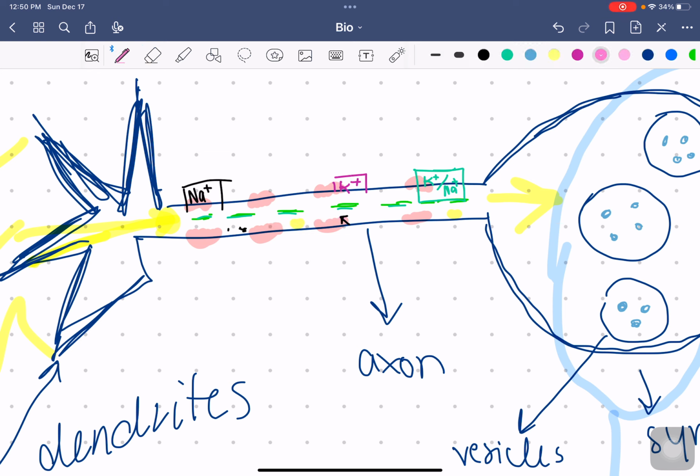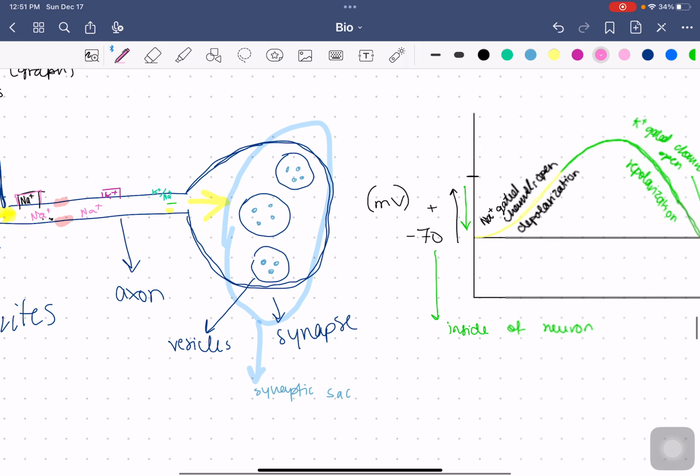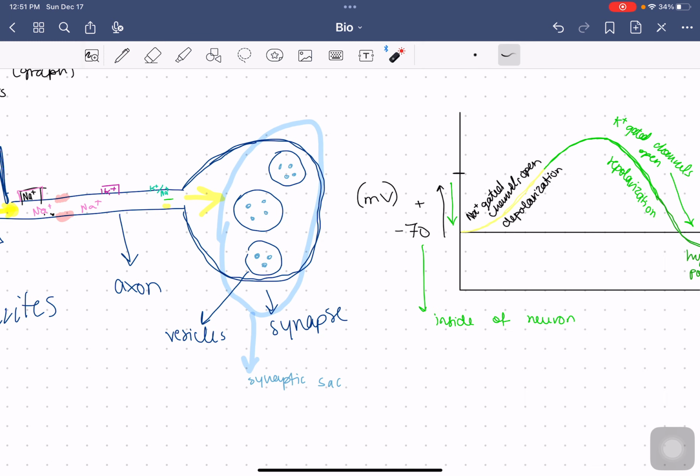Okay, a quick recap. First, our sodium channels opened, and the sodium flowed from outside to inside. So we have a bunch of sodiums in here now. Remember, that was our phase of depolarization. So first our Na came into the neuron and we had a more positive charge.